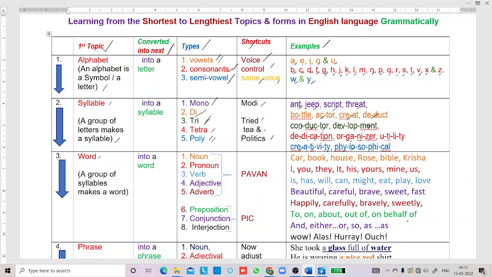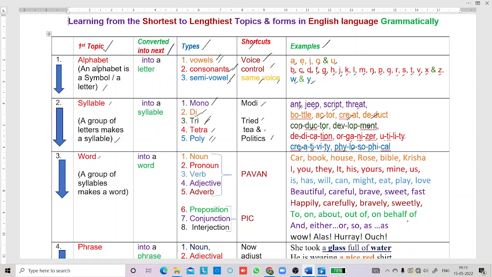Now there are different words, and this is where generally in our schools the entire school grammar starts. Words in our grammar books generally appear as parts of speech. Speech means sentence, parts means words. So words in a speech are called parts of speech.